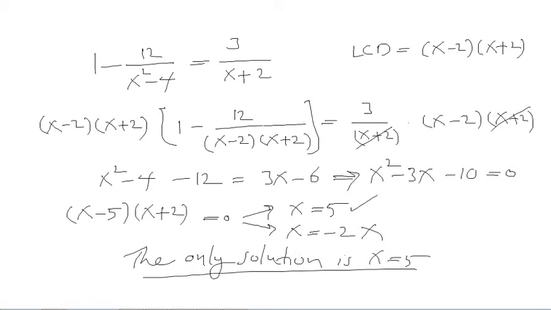Another example. Three over x plus 3 plus x over x minus 3 equals x squared plus 9 over x squared minus 9.